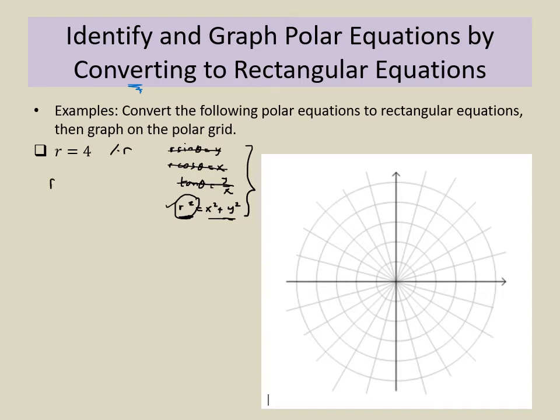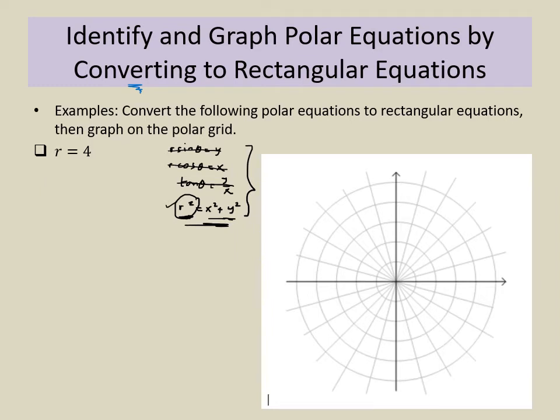It will give us r squared here, but then it will be r squared equals 4r. That's not very helpful. Sure, this one can be converted, but what about this r? Now you're stuck with r again, just like we had here. So no, that's not the way we want to go. If you didn't think about that, good. If you thought about it, now you know why we shouldn't use that.